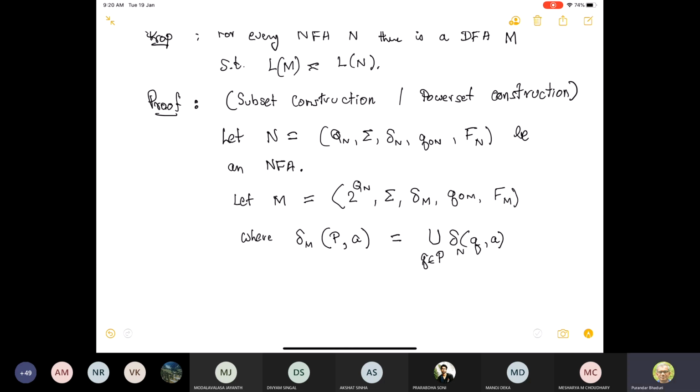any questions about this? How this is defined? So remember, this capital P is a set.